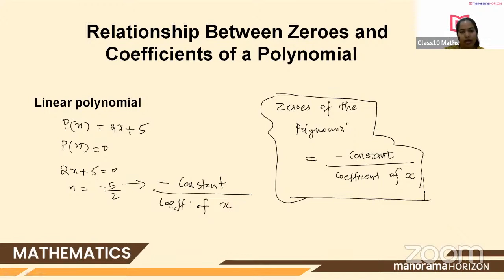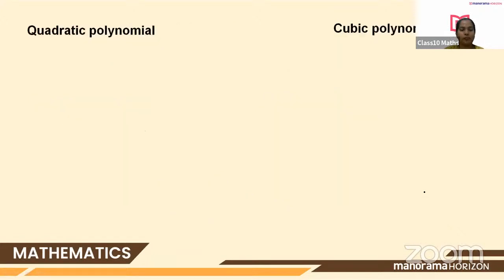Okay. Moving to the quadratic polynomial. So we should consider a quadratic polynomial, that is 2x square minus 8x plus 6. Do you remember the method to find the roots of this quadratic polynomial?